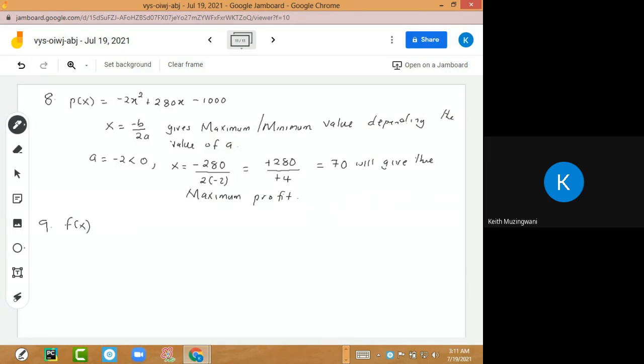So the height is a function. f of x is equal to 96x minus 16x squared. We're able to write this as negative 16x squared plus 96x.